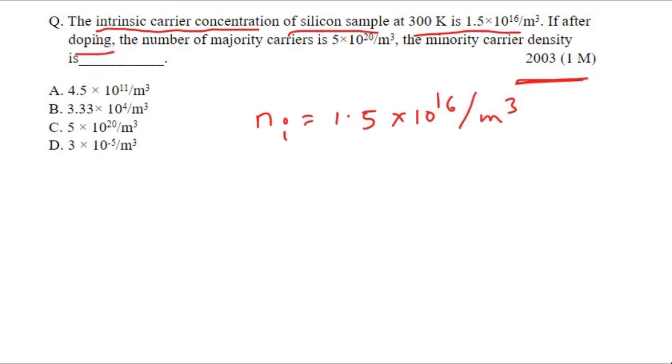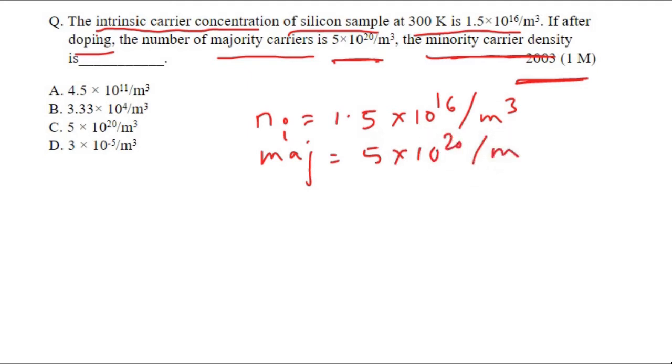If after doping the number of majority carriers is 5 into 10 to the power 20, the minority carrier density is how much? So here majority is given as 5 into 10 to the power 20 per meter cube. The given values are in meter cube and the options are also in meter cube, so no need to change into centimeter cube.